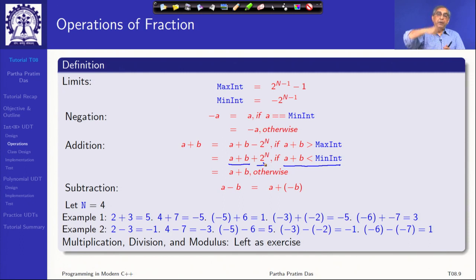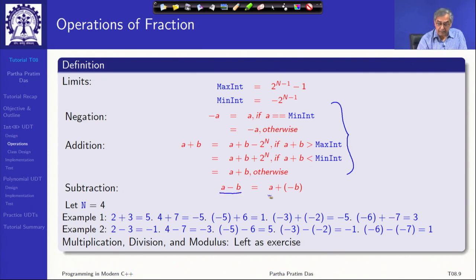So, you have to jump up a gap of 2 to the power n, that is a simple logic. And when the addition result is within the range, you will not have to do any changes. So, these are the specific rules of the operations of int n that you will have to follow.